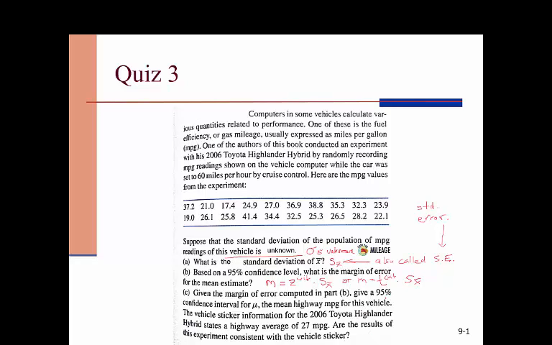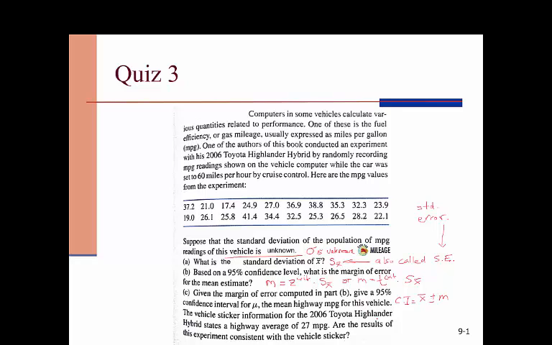Once you find the margin of error, then you have to find the confidence interval. That's 95%. The confidence interval is x bar plus or minus the margin of error that you found in the previous question.